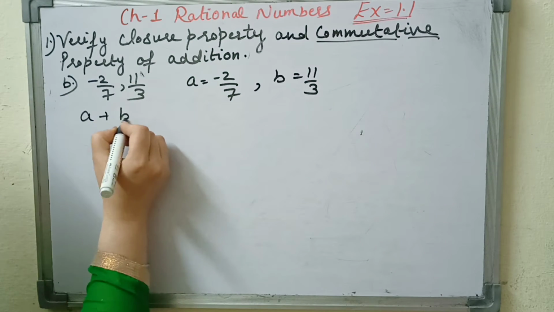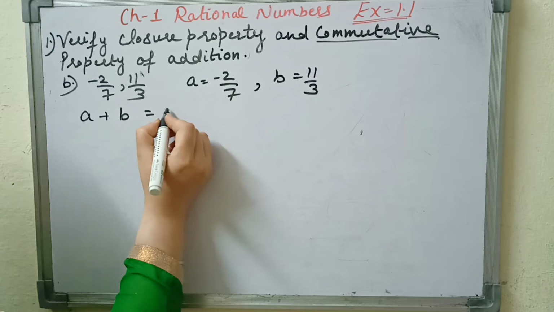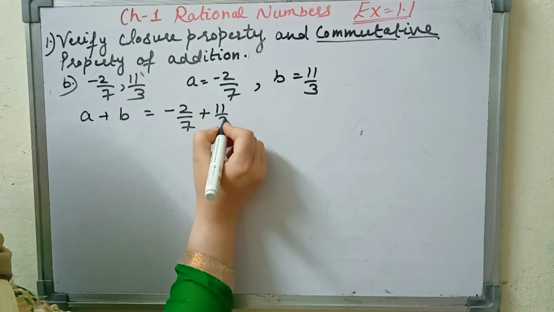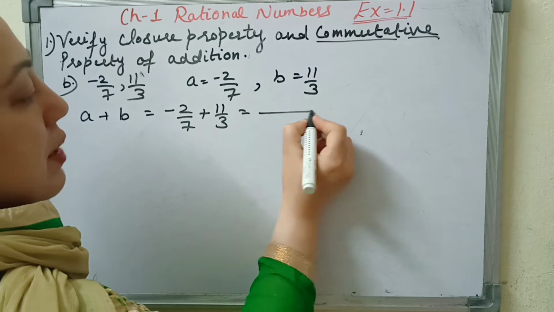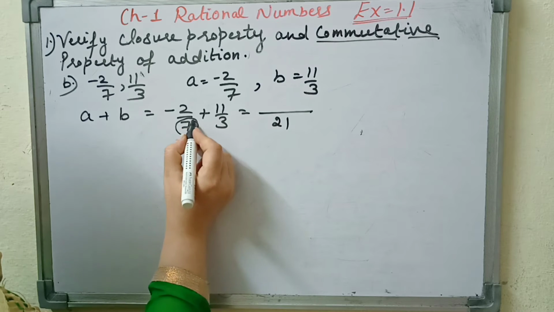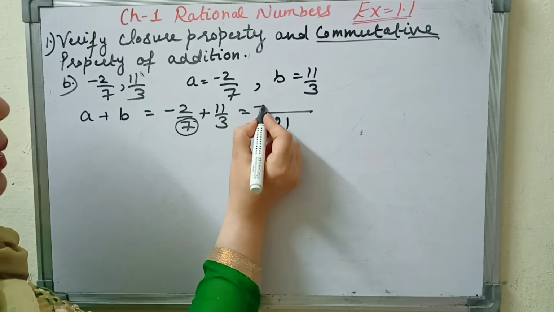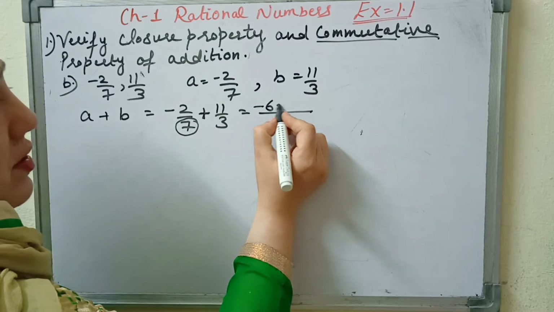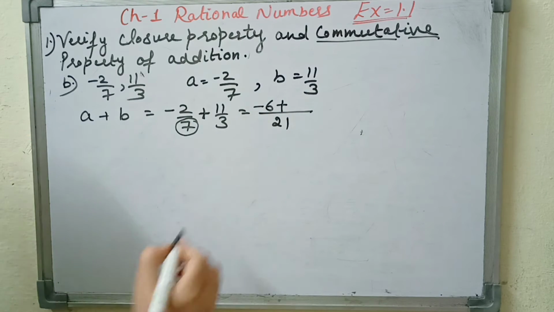Now, a plus b. When we put the value of a here, it is minus 2 over 7, and b is 11 over 3. Take the LCM of 7 and 3, it is 21. 21 divided by 7, we get 3, and 3 multiplied by minus 2 gives minus 6. Now, the sign here is plus, so we simply put plus.